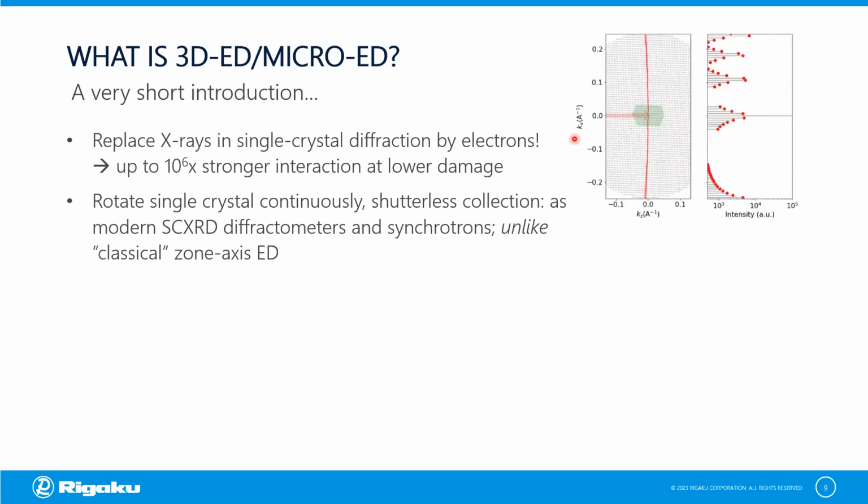One thing that is important to note at this point is that this is not what electron microscopists mean when they say electron diffraction or electron crystallography, because in electron microscopy, what is usually meant by this is that you rotate the crystal very carefully to a low zone axis and then get one of those beautiful, strongly dynamical diffraction patterns that you see from that. They look good, but they are very hard to use for structure solution due to strong dynamical effects. Whereas here we really continuously rotate the crystal in the beam just like you would do on an X-ray diffractometer.